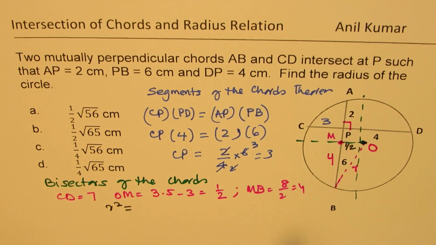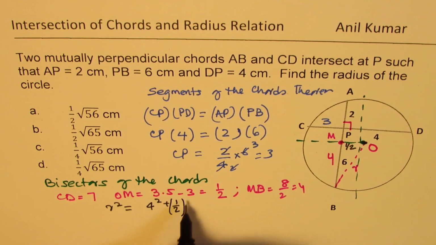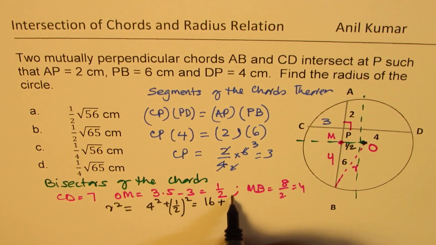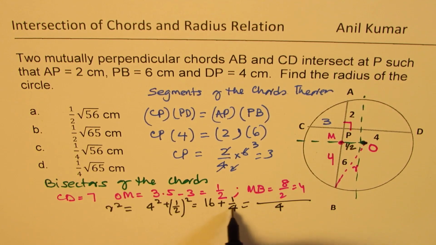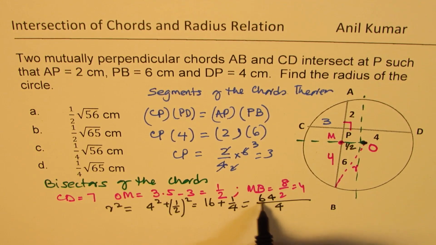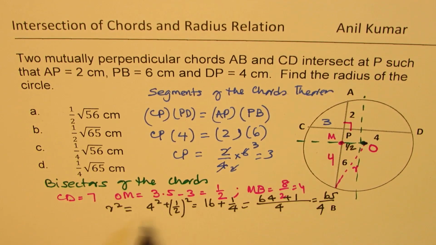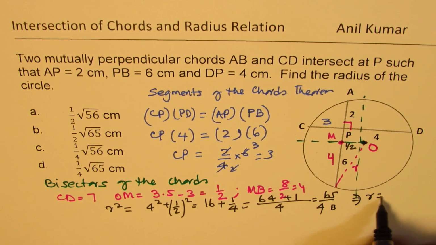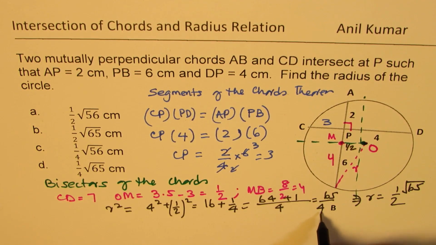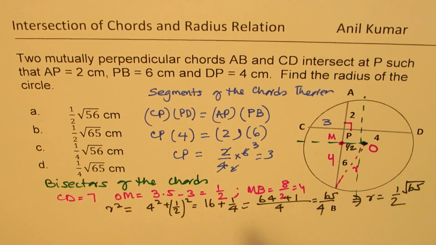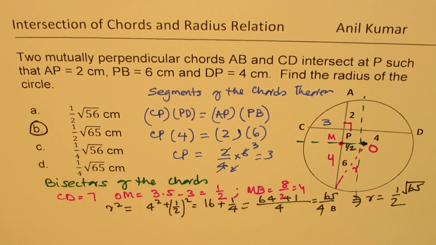So R square is basically equal to 4 square plus half square, which is 16 plus 1 over 4, which is 4 times 16, 64, plus 1, or 65 by 4. So R will give you the value as square root of 65 divided by square root of 4, which is 2. So we get the answer as half of square root 65, which is option B.